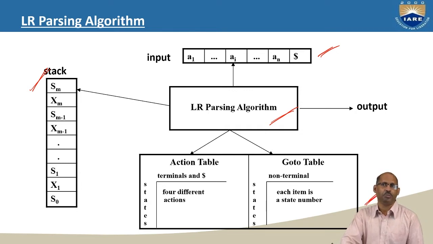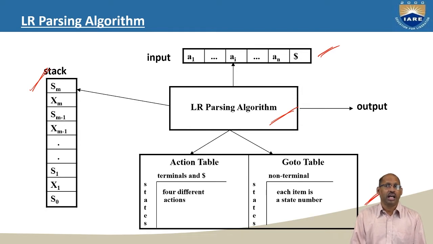This SLR parsing table has two divisions: the action table and the goto table. The action table consists of all the terminal symbols and the $ sign as column headers. The goto table consists of the non-terminals as column headers. Each row is represented by a state.